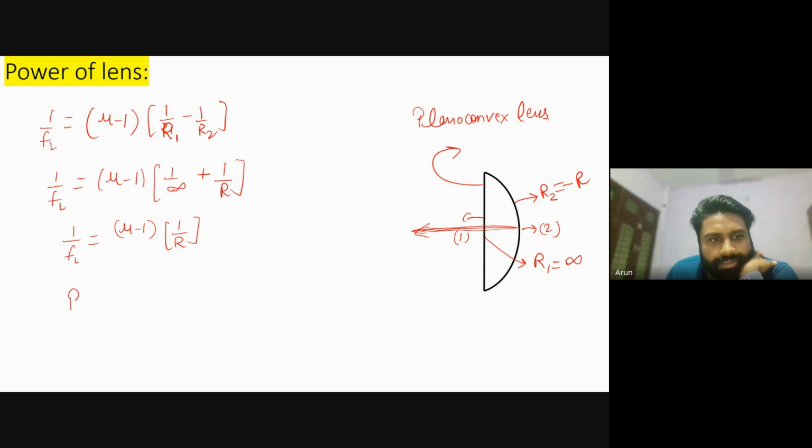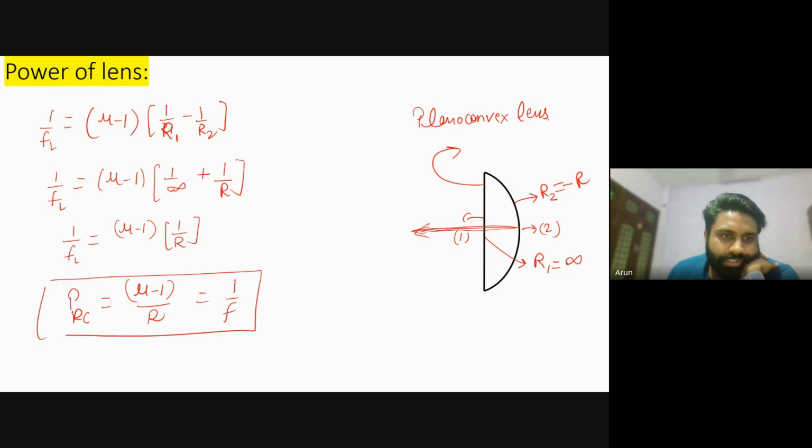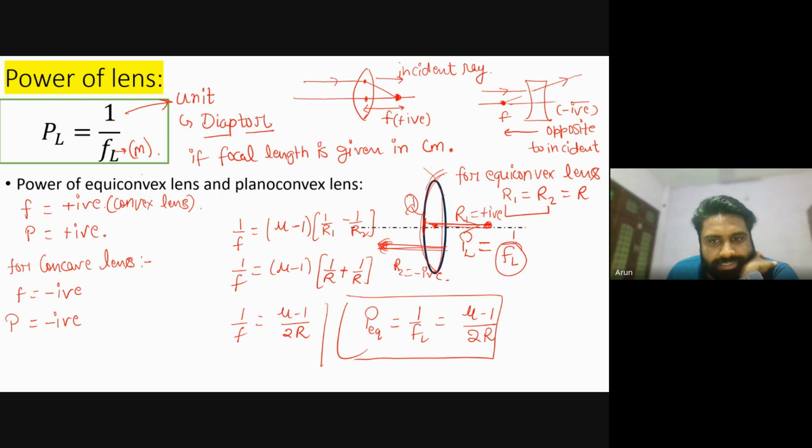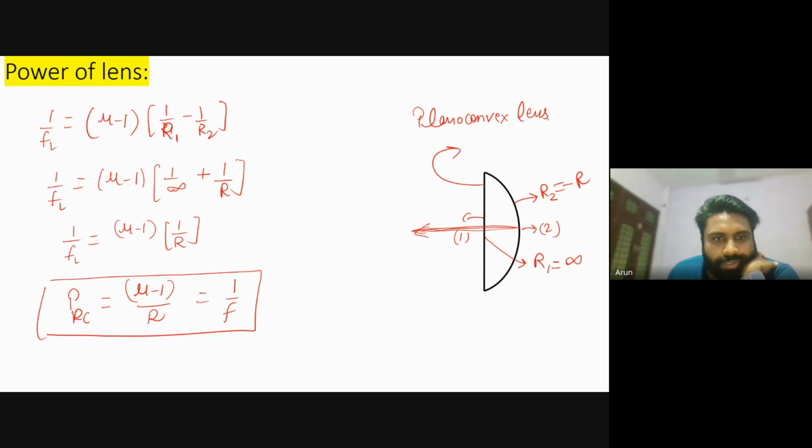The power of a plano-convex lens is equal to mu minus 1 divided by R, because it is 1 upon f. From the previous case, it is twice.